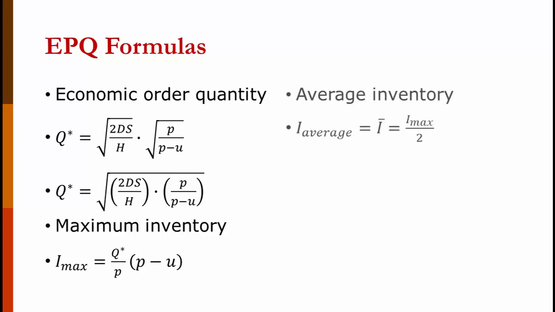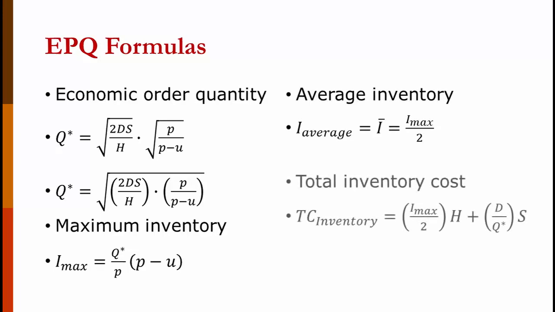Average inventory is just my maximum inventory divided by 2. My total stocking cost is I max divided by 2 times H plus D divided by Q star times S. The only thing that changes is I'm swapping out the first Q for I sub max. And remember, I'm not showing you examples of these problems, but you have access to those in D2L if you're one of my students, or at my Udemy MOOC if you're not one of my students.